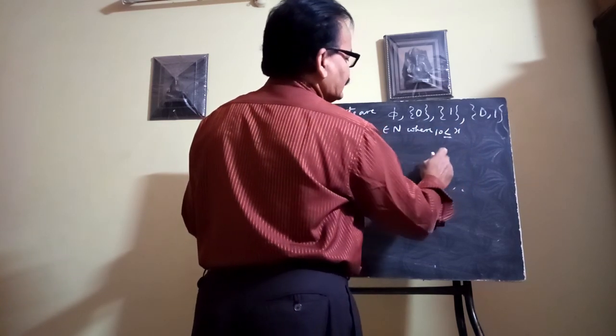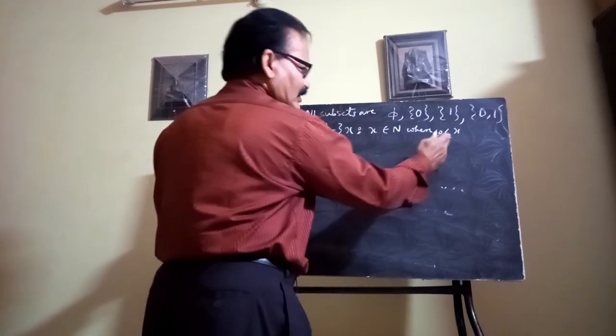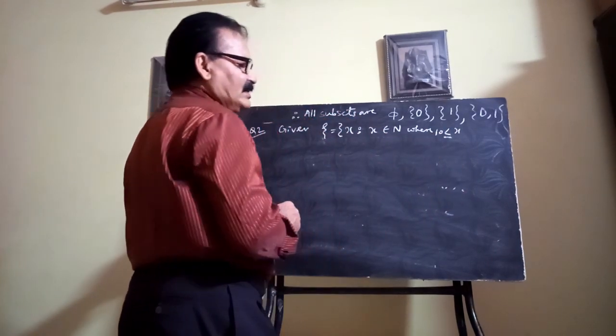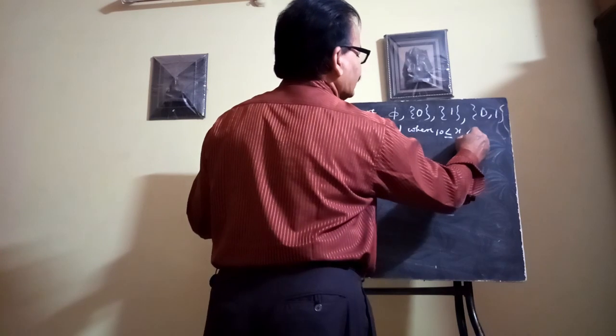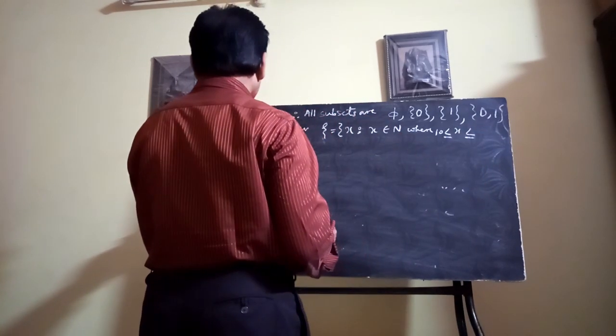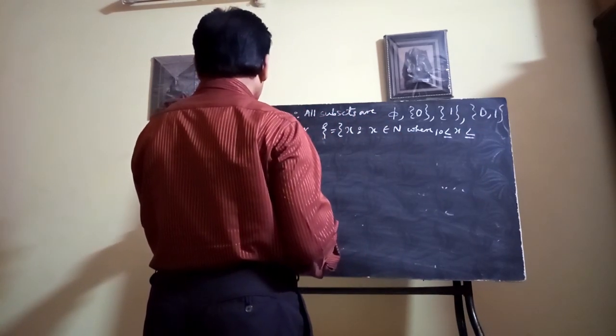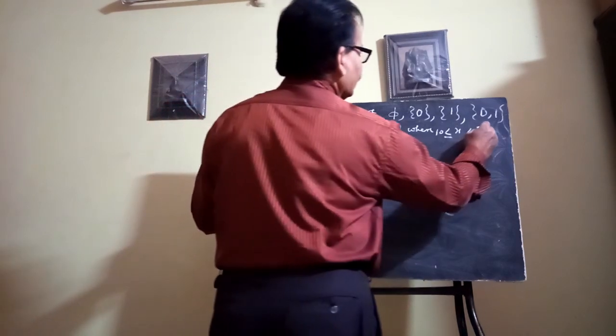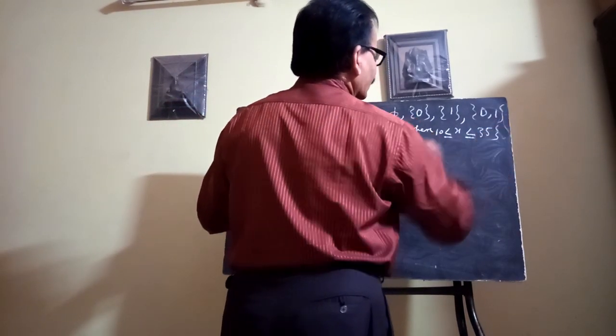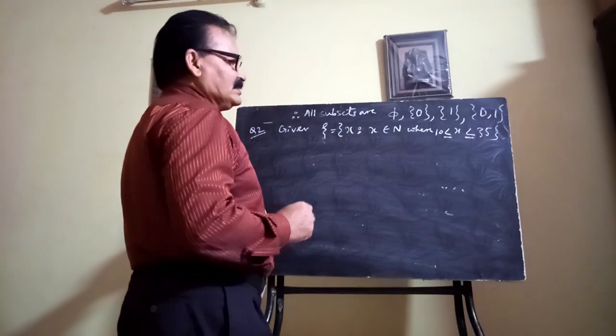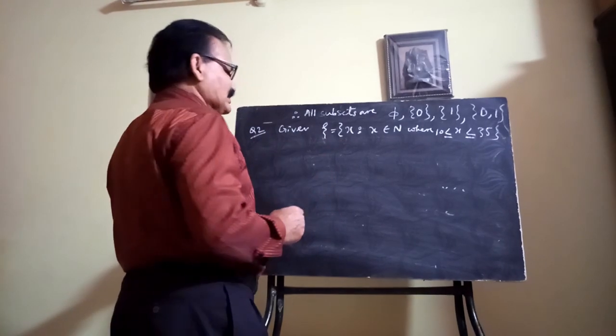This symbol stands for belongs to, and x is the variable. So this is the given part of your universal set.